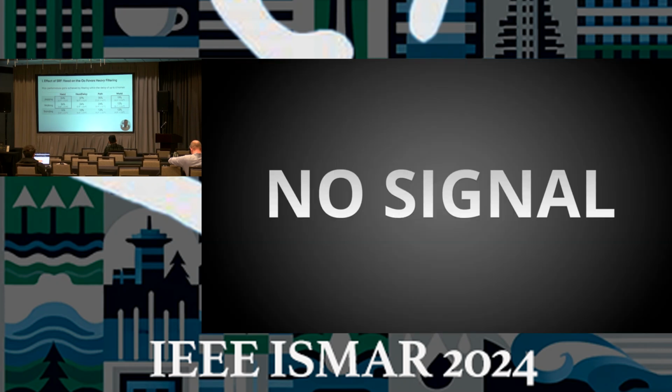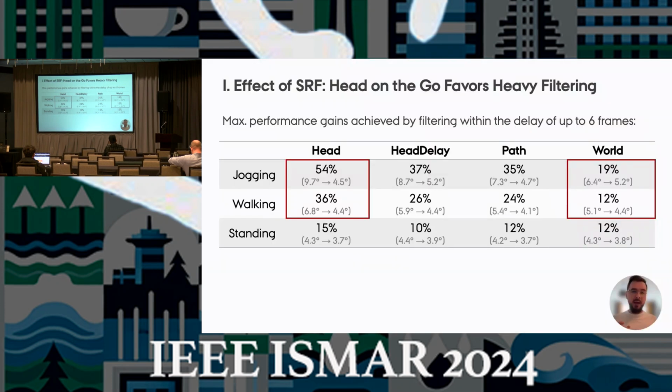In this table, you can see how much target sizes decreased after filtering compared to the raw target sizes. If we look closely, we will see that HAD in both on-the-go conditions favors heavy filtering, which is reflected in the filter's parameters, which are not shown here.